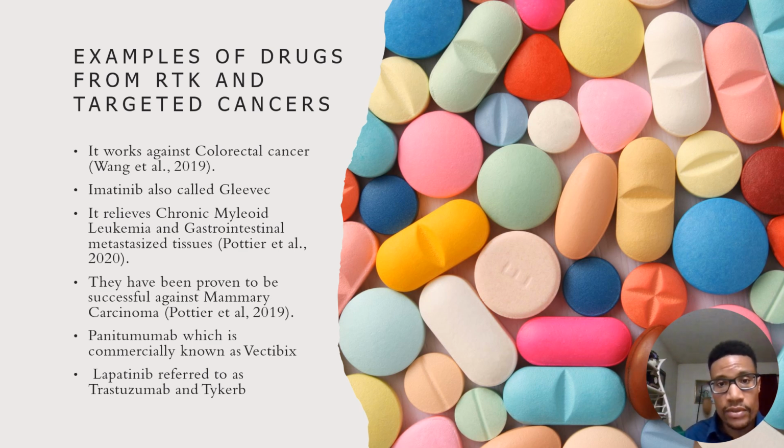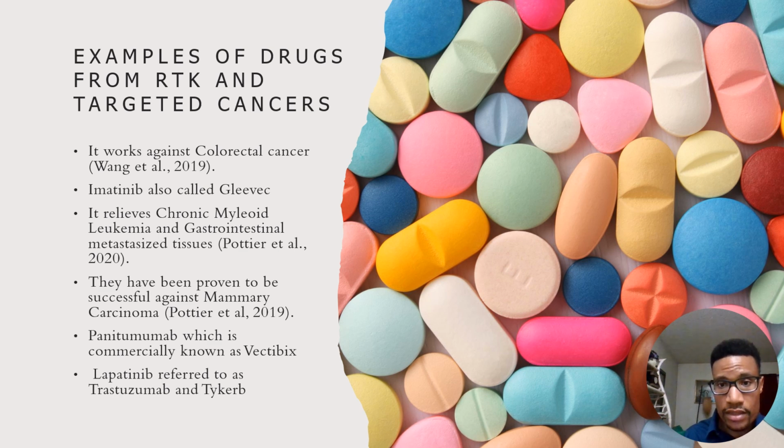The imatinib is a tyrosine kinase inhibitor, which is used in the treatment of Philadelphia chromosome positive chronic myeloid leukemia or metastatic malignant gastrointestinal stromal tumors. In normal cells, tyrosine kinase enzymes are turned on and off as required.